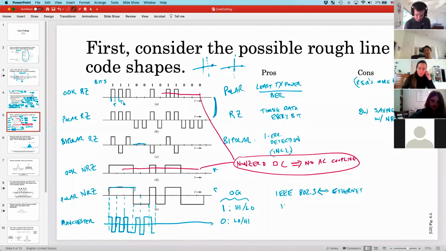They said that a 1 should be low and then high, and a 0 should be high and then low. They probably had a good reason for that, but I can't tell the difference.